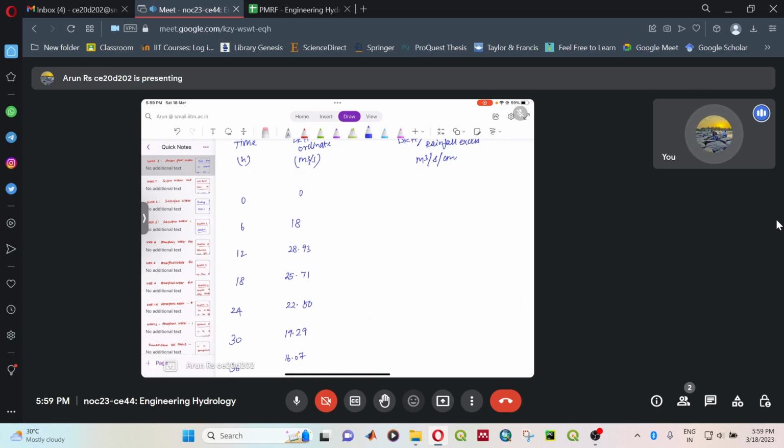And we are dividing this by 1.885, which is the rainfall excess.